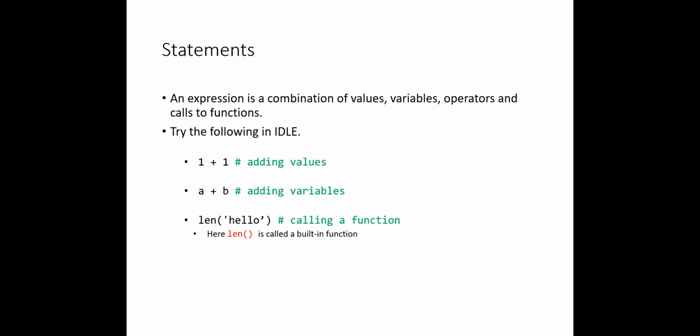Then let's take a plus b, two variables. Again, this can be considered a Python statement, no issues. And then finally, you can have available functions like the len function.